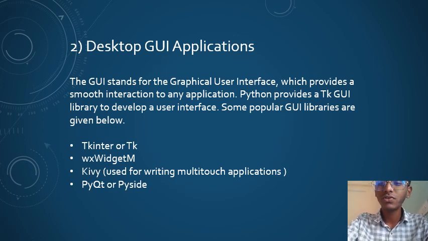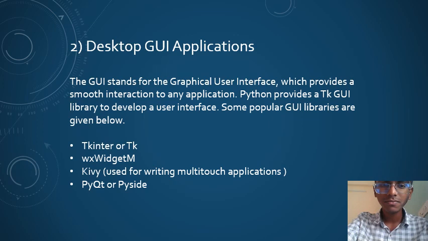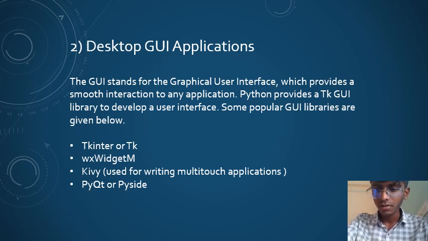Some of the popular GUI libraries are given below: Tkinter or Tk, both are the same; wxWidgets; Kivy, used for writing multi-touch applications; and PySide. These are some basic GUI libraries in Python programming.